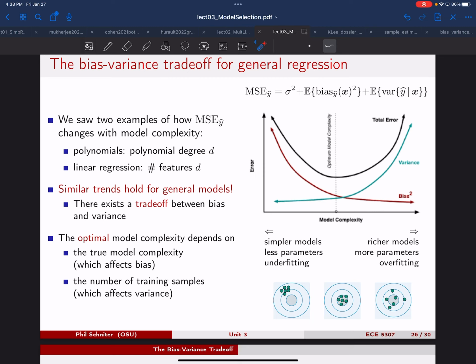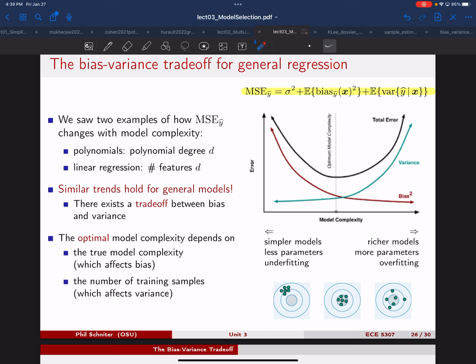And the general type of trend you see, so this is sort of the guiding equation. This is what we've seen before. Mean squared error on the target's y is going to be the irreducible error plus the squared bias plus the variance. And here I'm using expectations because first we're thinking of deriving these based on a fixed x, but then we're saying I actually care about what happens on average for that x.